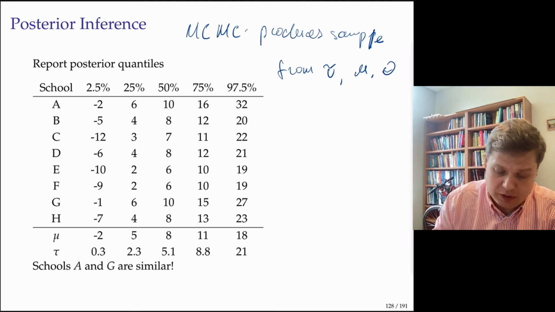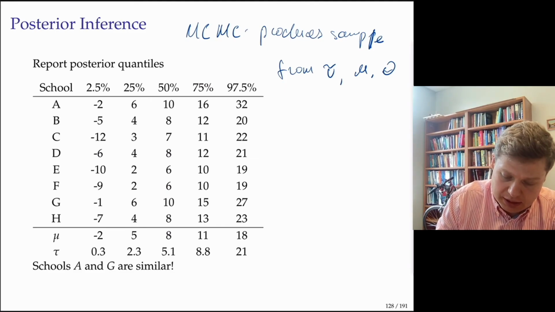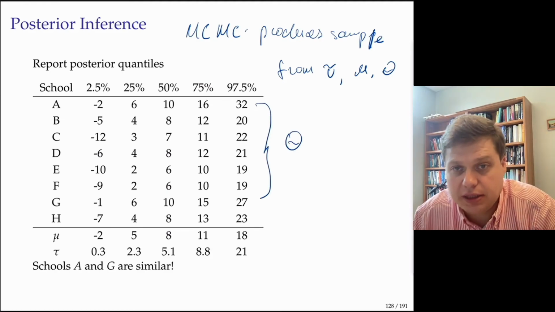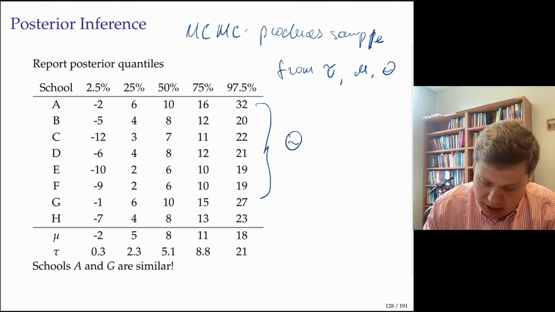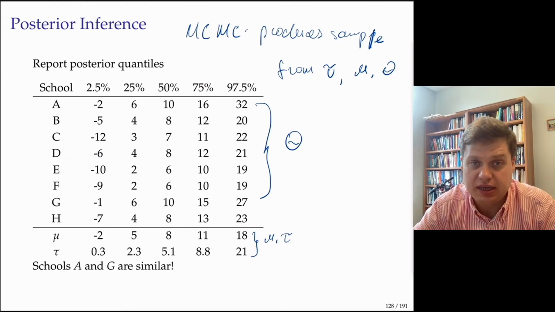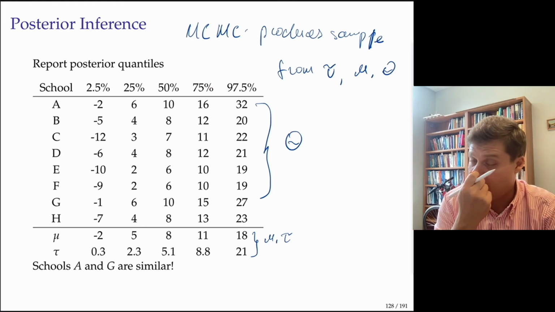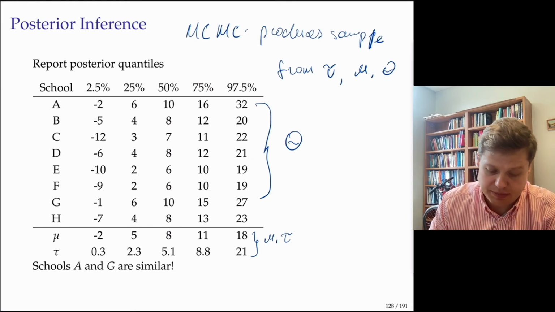And so what you see here in this main part are the thetas. So those are the main treatment effects. And here you see our hyperparameters mu and tau. And you remember they are the same for each of the schools. And what you see are the quantiles. So we basically take the samples and we calculate the quantiles from the sample.